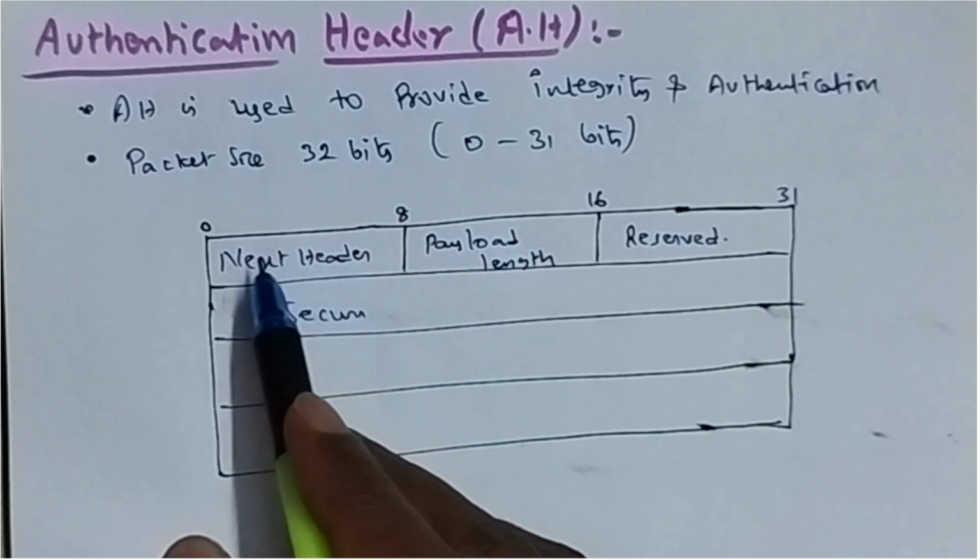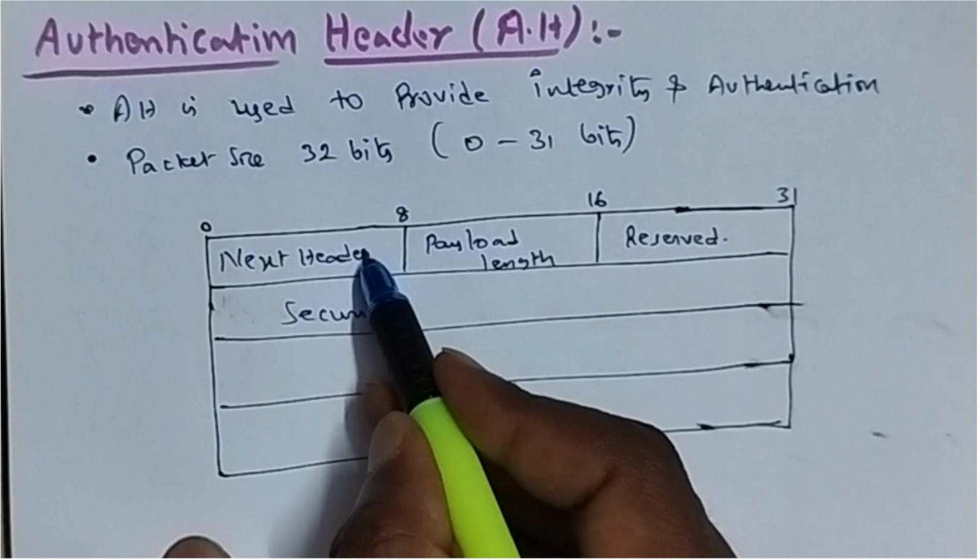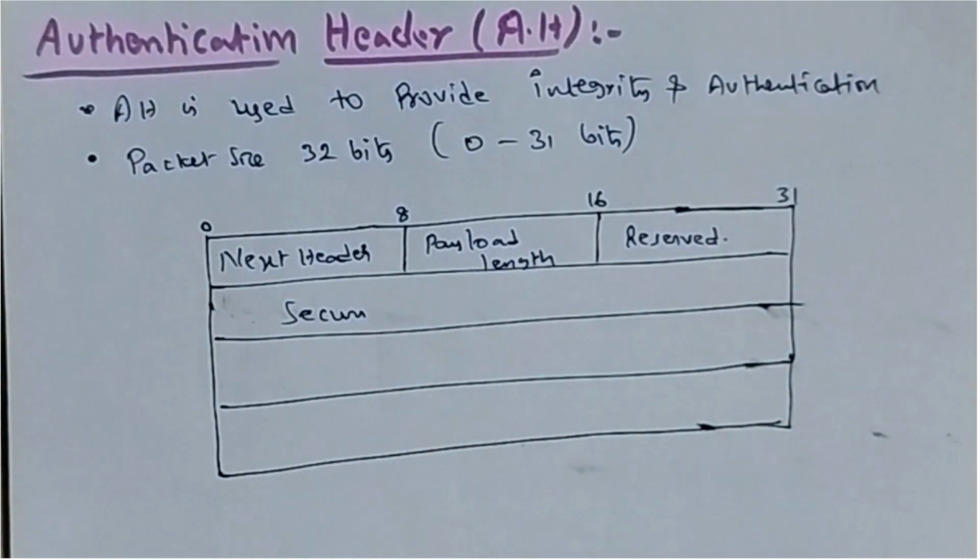The first one is 0 to 31 size, and in the first layer we have three parts.